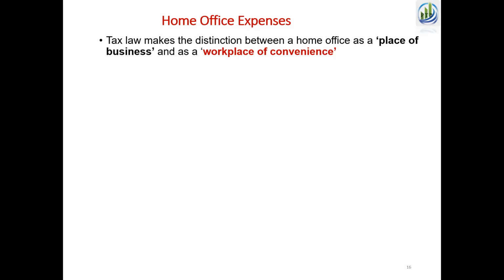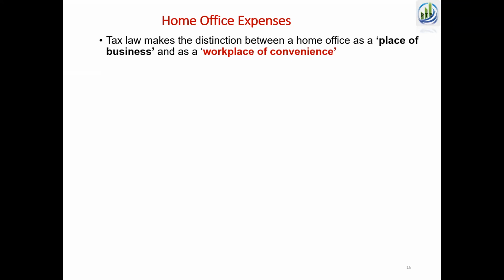You work all the time from your home. You go and meet clients outside, but you come back and do all the work from your home in a particular room. That is considered your principal place of business, or principal place of work.